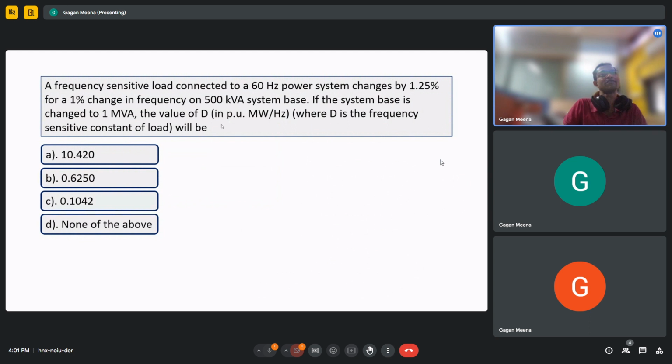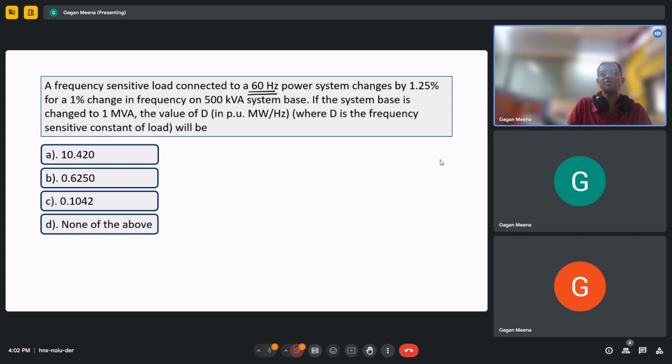The Indian power system is operating at 50 Hz, so we think that the question is also at 50 Hz, and without reading carefully, we assume that this is a 50 Hz system. So always, when the question is there, read the values very carefully, and also read what the question is asking. It's very important. In a hurry we make such mistakes and we might end up doing blunders. So here it is 60 Hz, not 50 Hz.